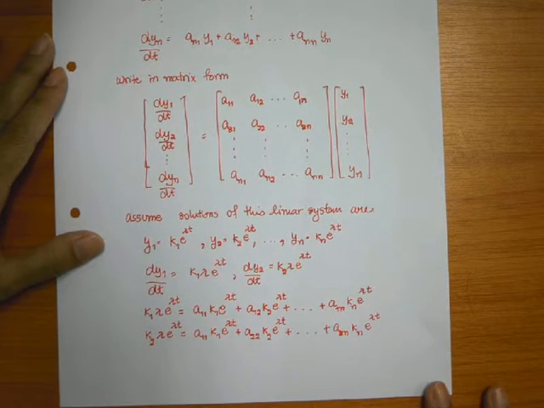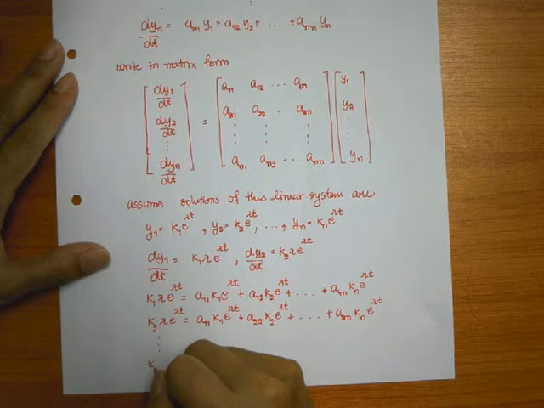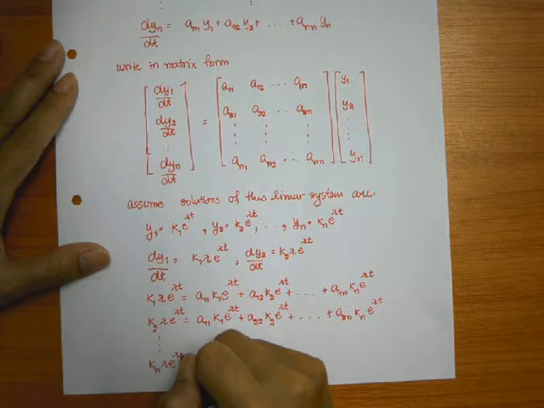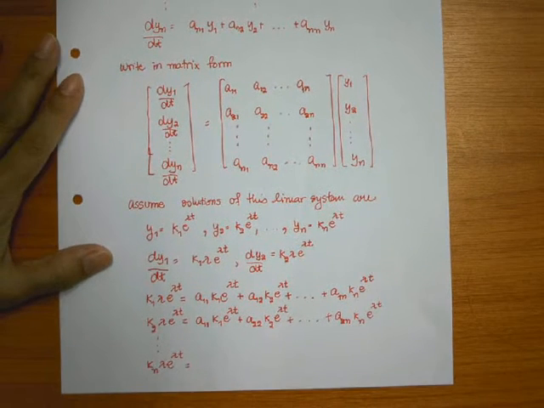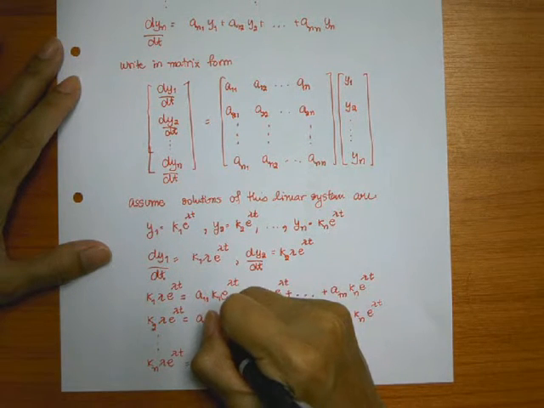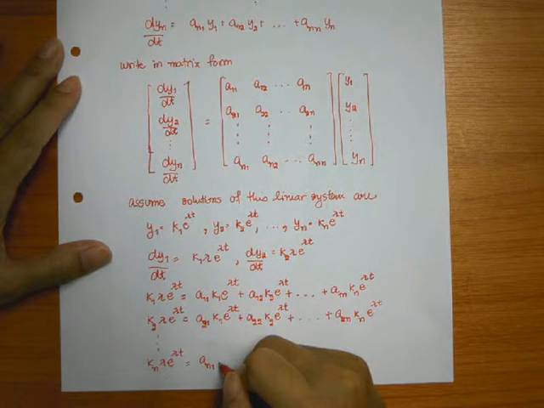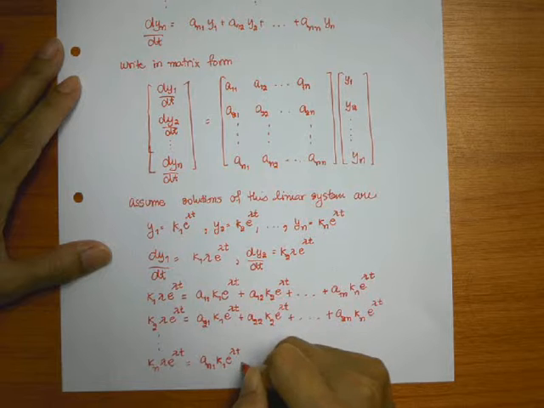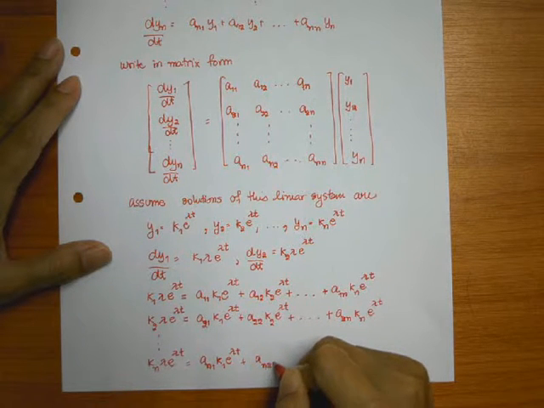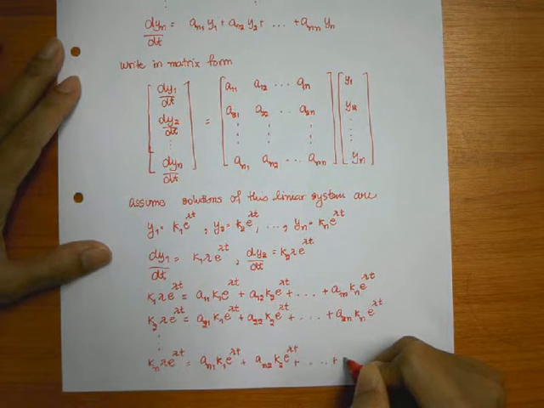And we do the same until the nth equation, where we would get kn lambda exponential of lambda t is equal to an1 k1, an2 k2, and the nth term is ann kn.